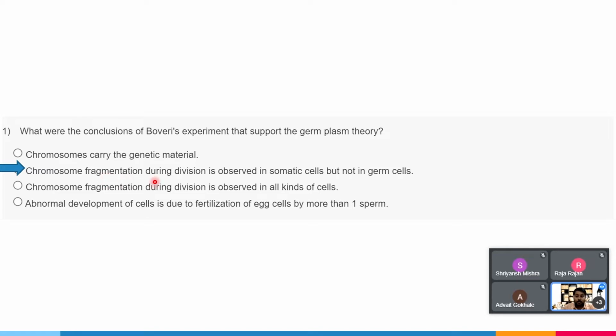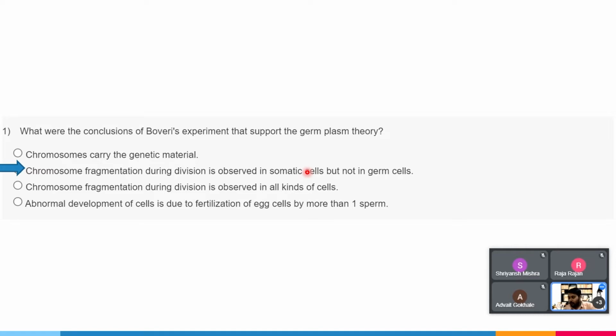Thus, the answer is chromosome fragmentation during division is observed in somatic cells and not in germ cells. So, the chromosome is getting smaller and smaller in somatic cells themselves and not in germ cells, and thus this shows us that somatic cells are getting smaller parts of the entire information that is essentially carried by germ cells to the next generation, and thus it is not A but B.